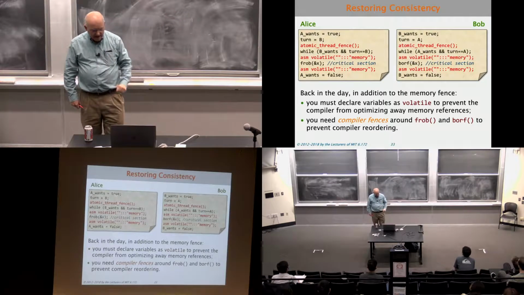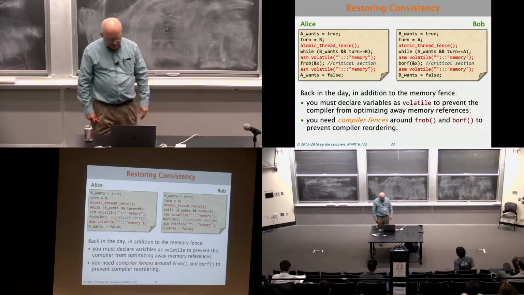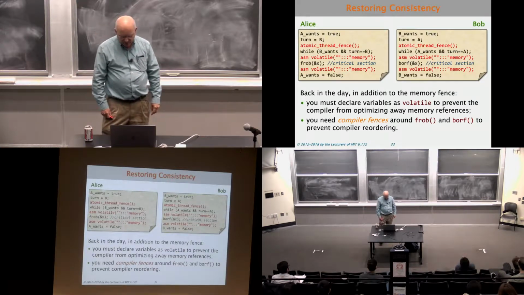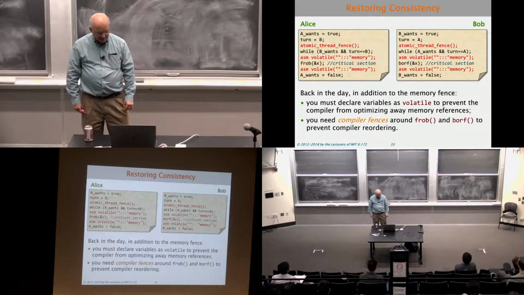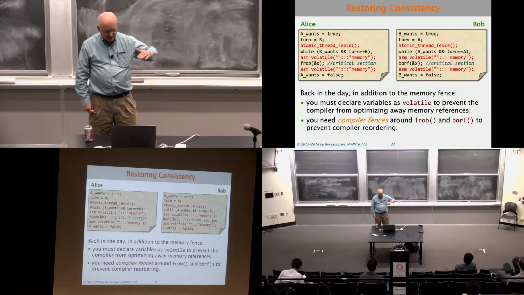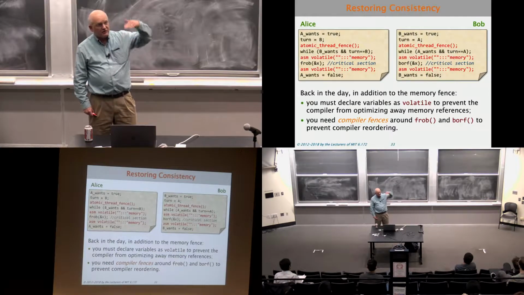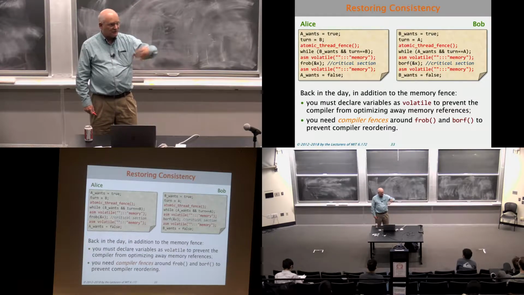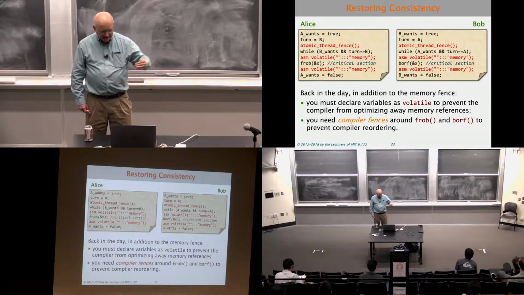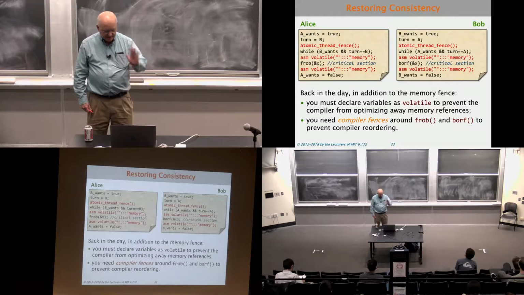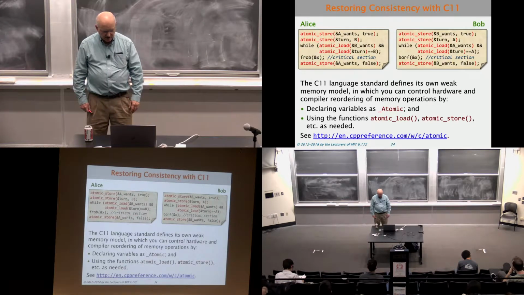And then you also, it turns out, may need compiler fences around frob and borf, to prevent them from being reordered, because that code can also sometimes get moved outside the loop, since the compiler doesn't always realize what's going on.